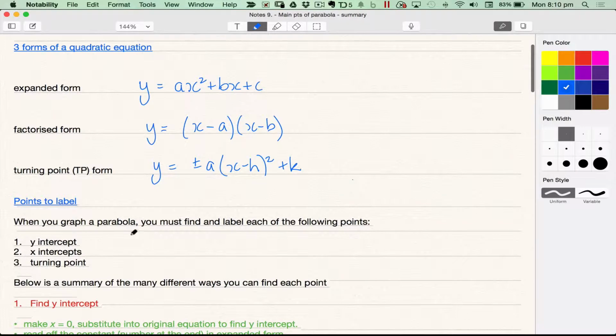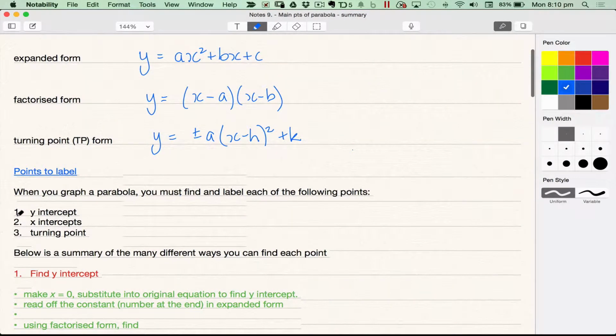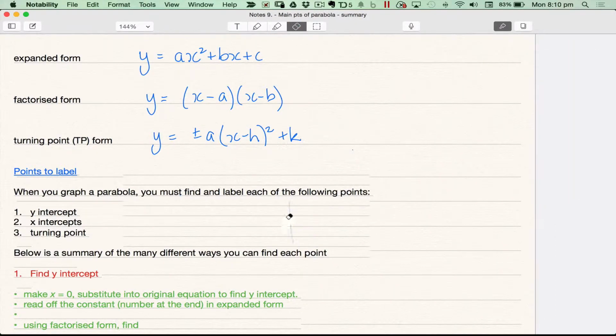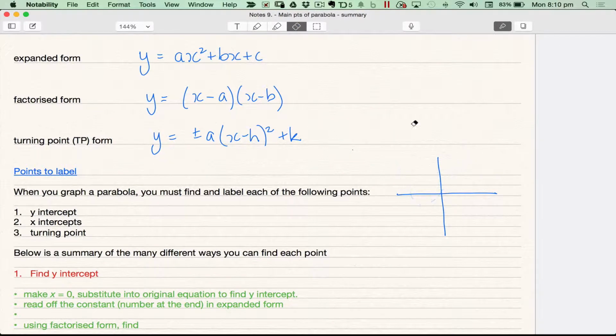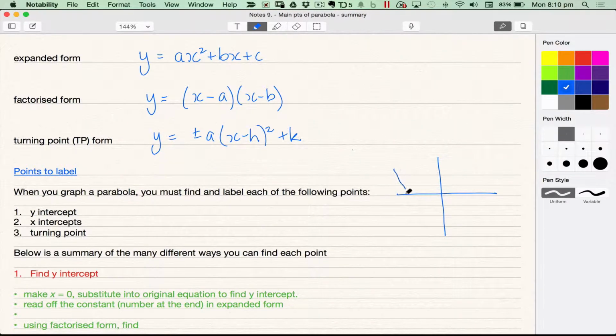The second thing I want to take you back to are the main points that we need to label when we graph a parabola. I've got them numbered here. The first one you need to label is the y-intercept. Actually, I might draw this a bit further over here so you can see it clearly. So this could be your parabola. The y-intercept will be here.